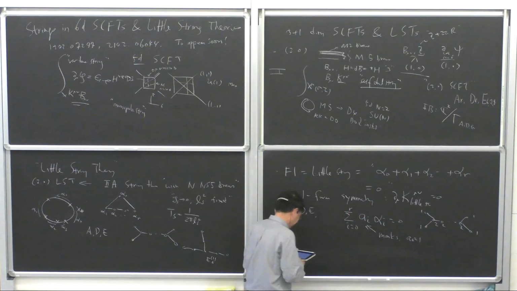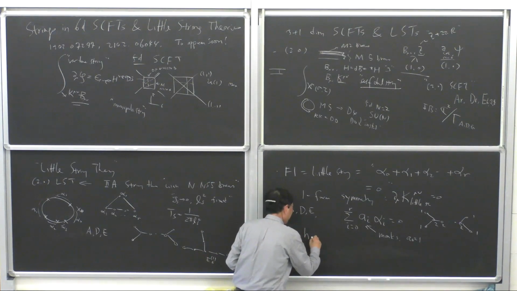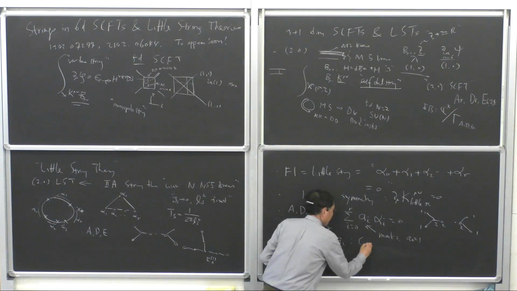So this number, the total component, is called the Coxeter number.